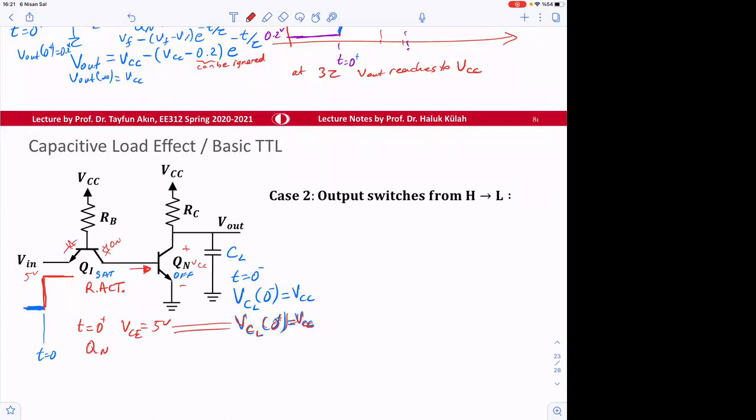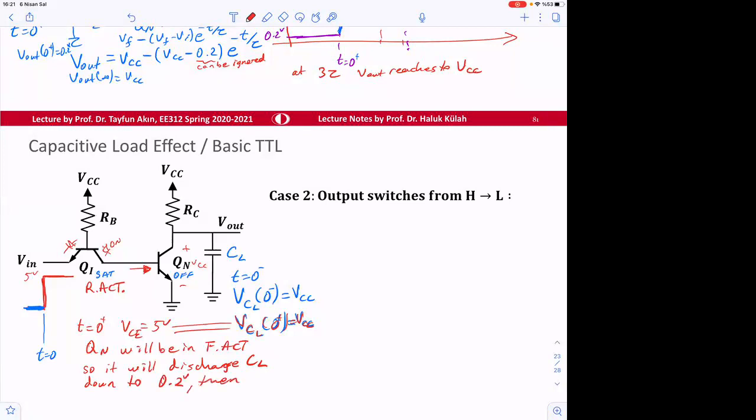QN will be in forward active, so it will discharge CL down to what? 0.2.